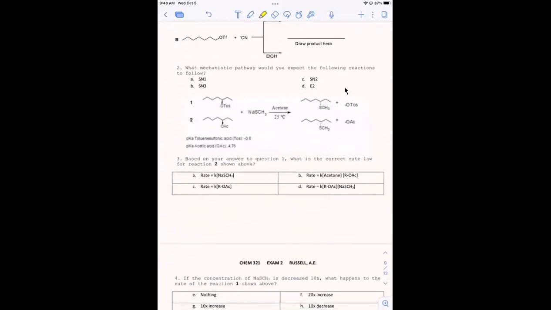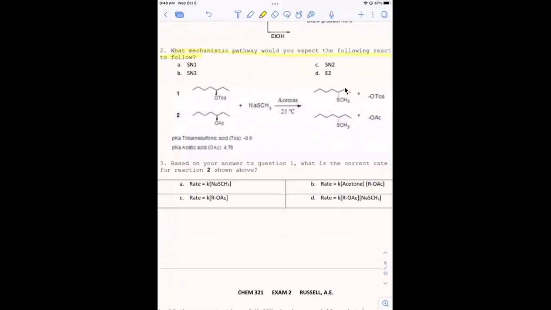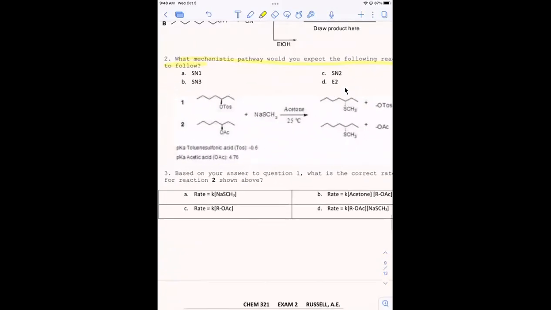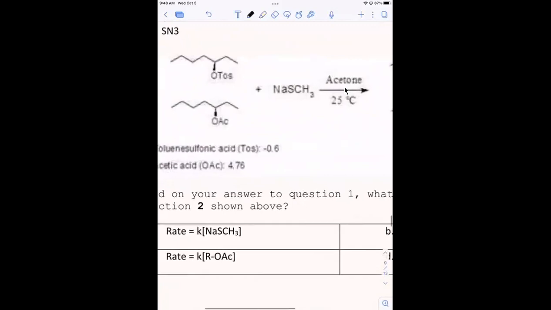So this question asks, what pathway would you expect the following reactions to follow? If I had these two reactions, the way you approach this is to identify everything. You look at your substrate and your leaving group.